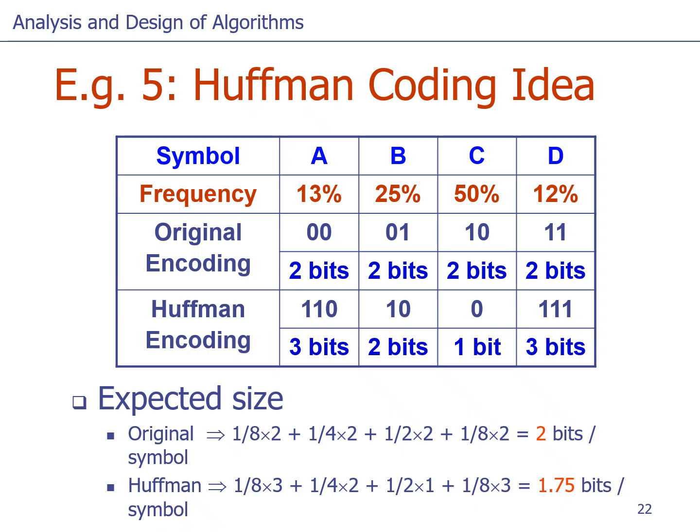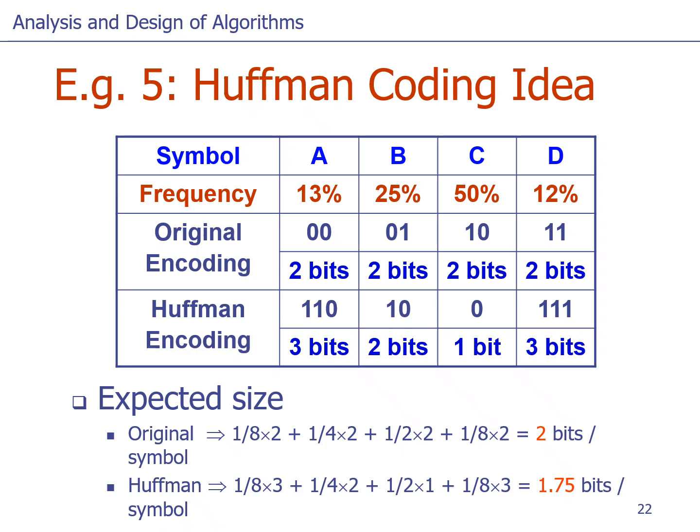So it's going to be 1.7 bits on average. Now, this will become clearer as we see some examples, but you should get a sense of it right away by looking at the numbers in front of us.